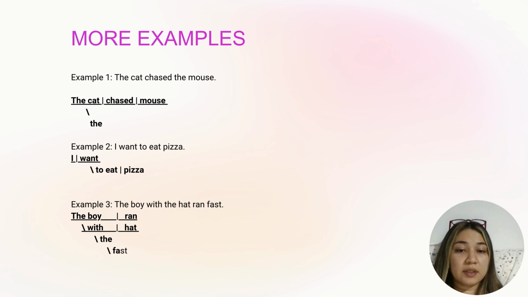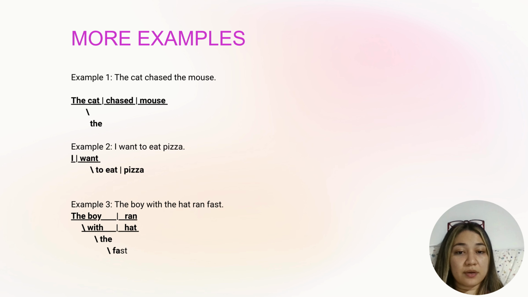So the verb "want" is the principal verb, and the modifier is the other verb, "to eat," right? So we are going to draw a diagonal line to describe that it modifies the verb. And we have extra information, that is the object, "pizza," right?